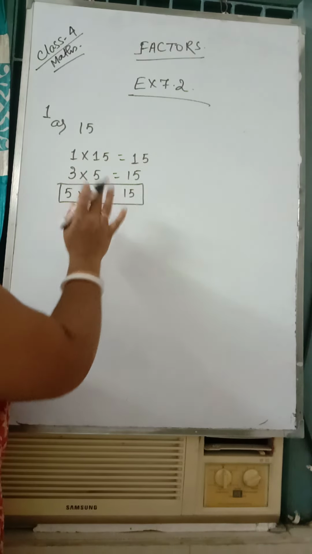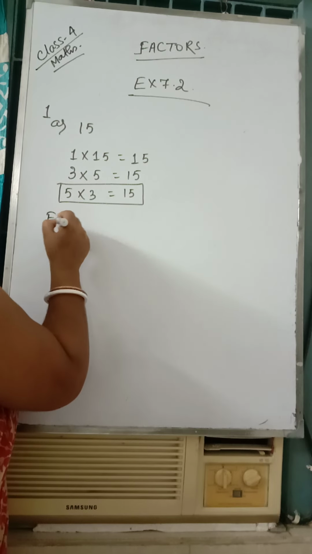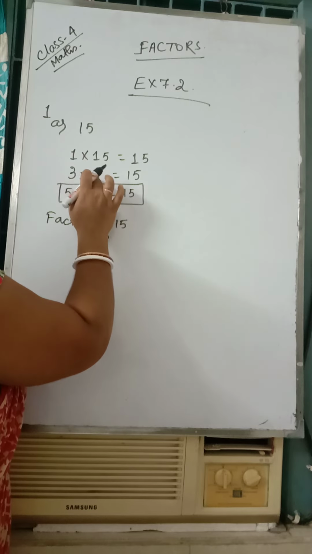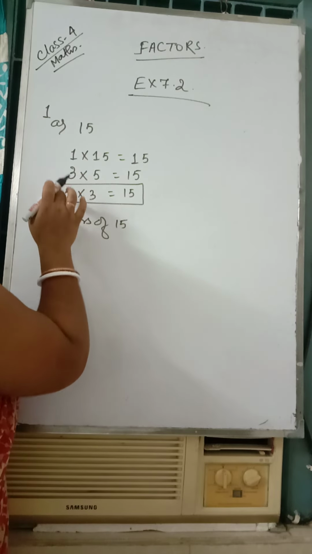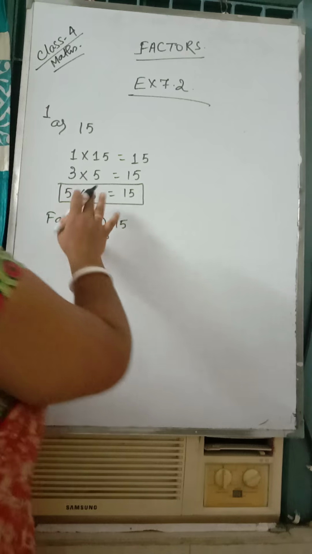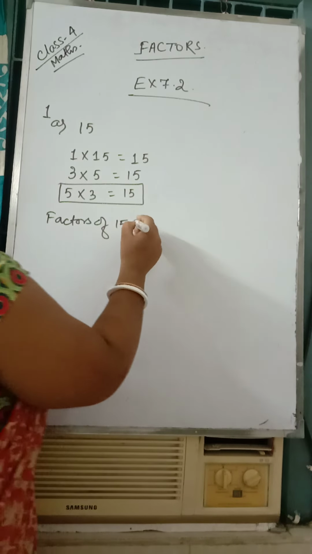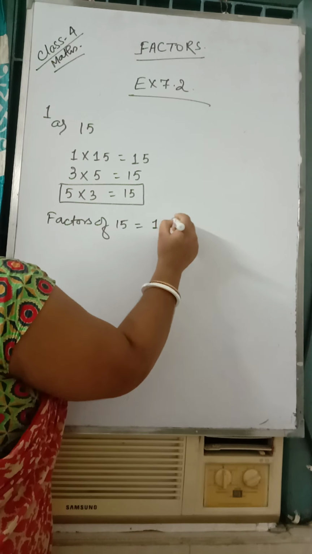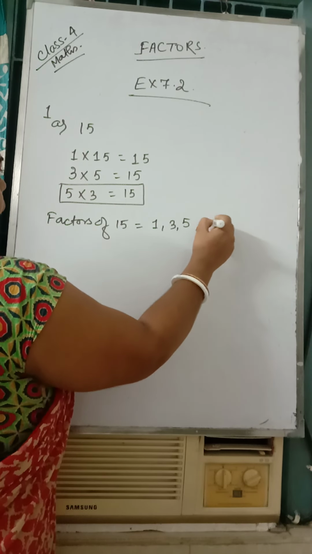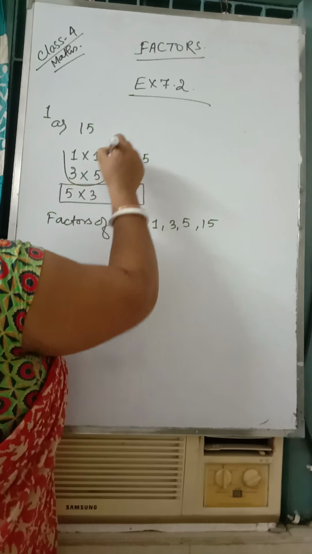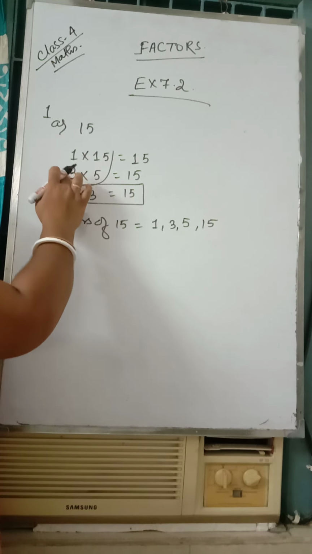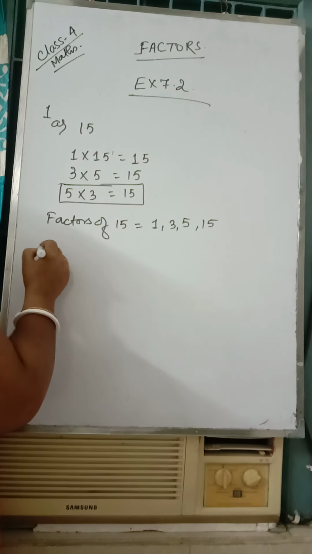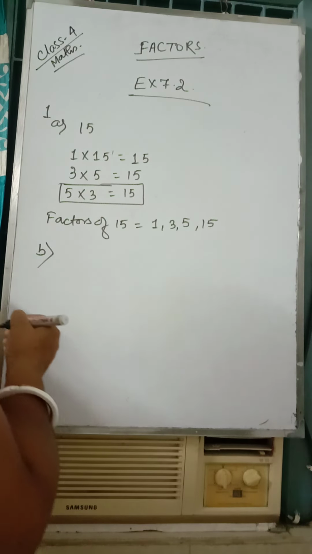So the factors of 15 are 1, 3, 5 and 15. It turns in a U-turn in this way. These are the factors of 15 using multiplication.